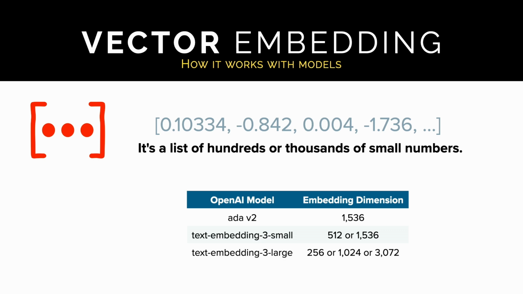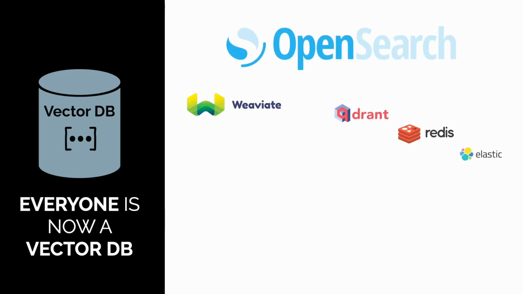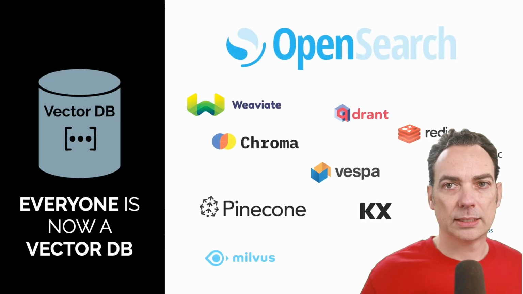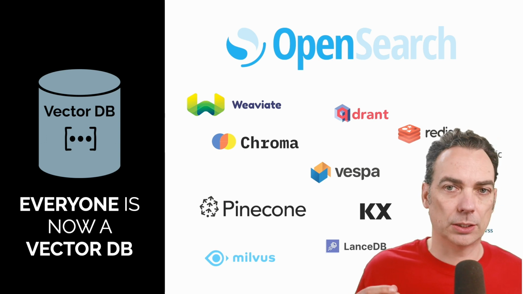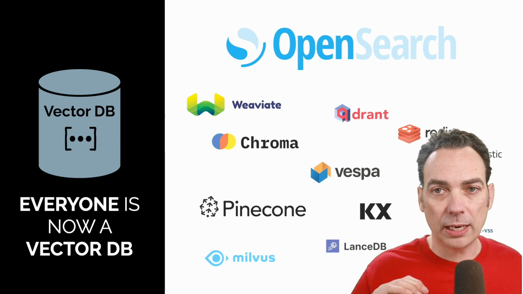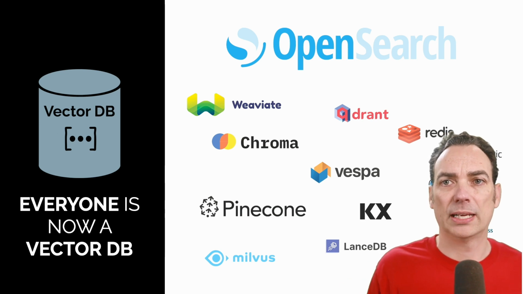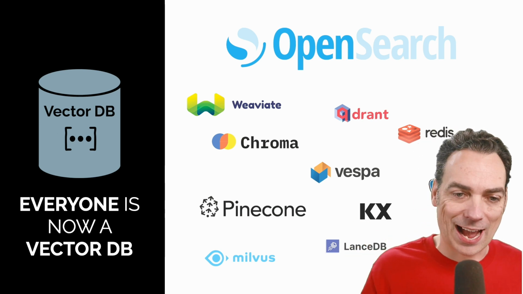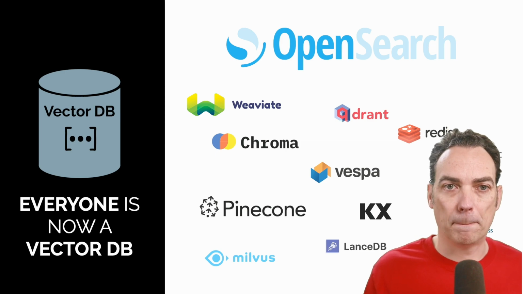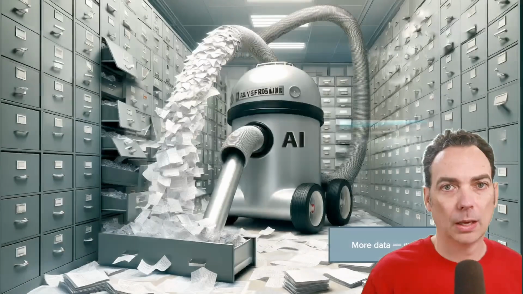And there's a ton of places where this stuff can be stored. This stuff can be stored in various types of search databases or vector databases or almost any type of database, from Redis to Oracle to Postgres, which has vector storage and vector comparison capabilities now.